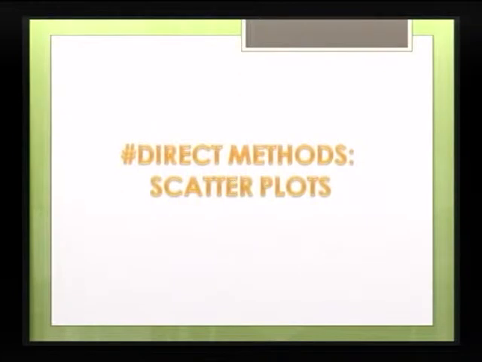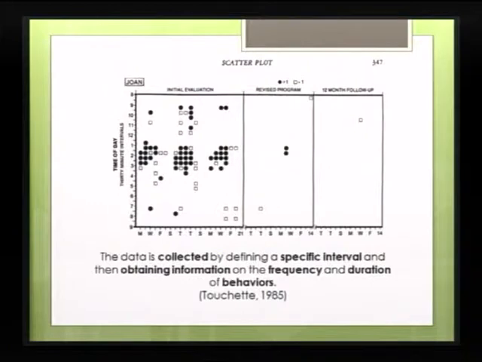Let's see some examples of direct methods. One of the most common direct methods is creating a scatter plot. Scatter plots are a visual representation of data collected by defining a specific interval and then obtaining information on the frequency and duration of behaviors.